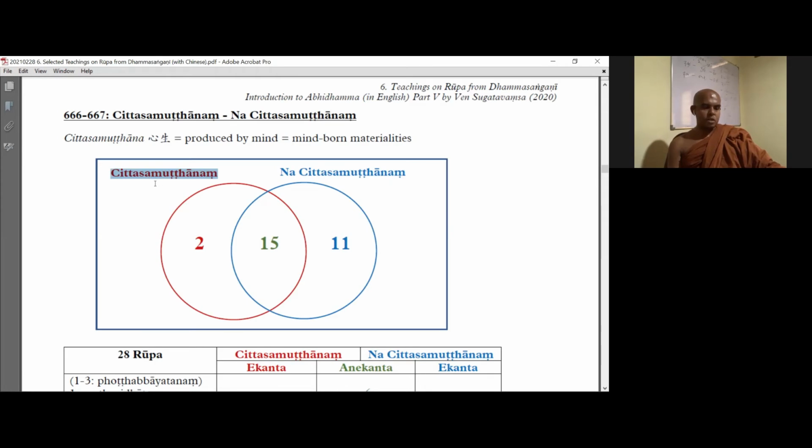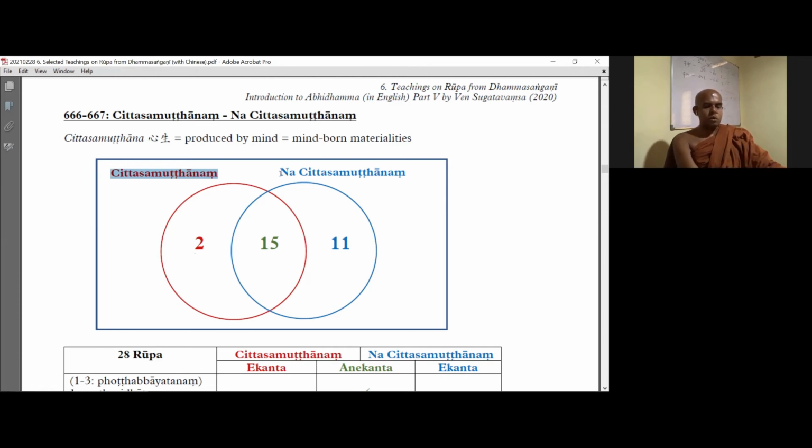According to the drawing, the red color circle is called mind-born rupa. The blue color circle is called not mind-born rupa. There are 17, 2 plus 15, total 17 Chitta Samuttana Rupa. There are 17 mind-born materialities.